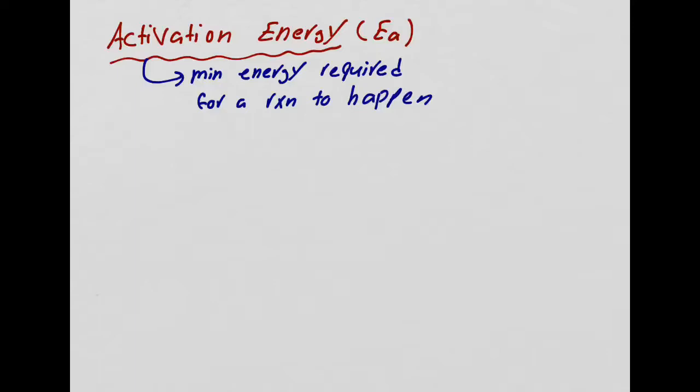Because you're going to remember for me that it takes energy to break a bond. You can't just break a bond. You need to put in energy to break a bond. Okay? And again, that's exactly why we need a minimum energy. So we need a minimum energy because, first of all, you have to break the bonds.